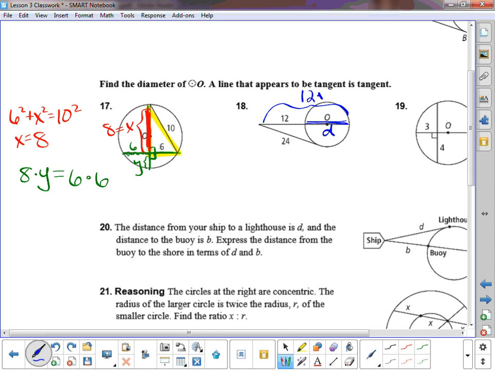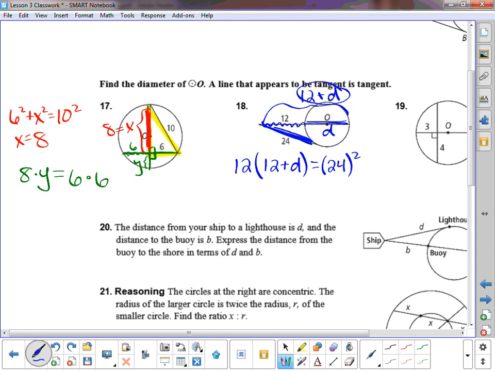Alright. So outside times whole equals outside times whole, so 24 squared. Questions on our setup for 18?